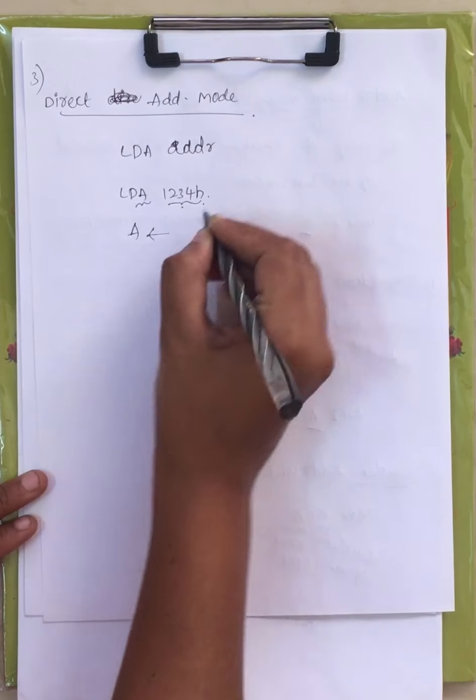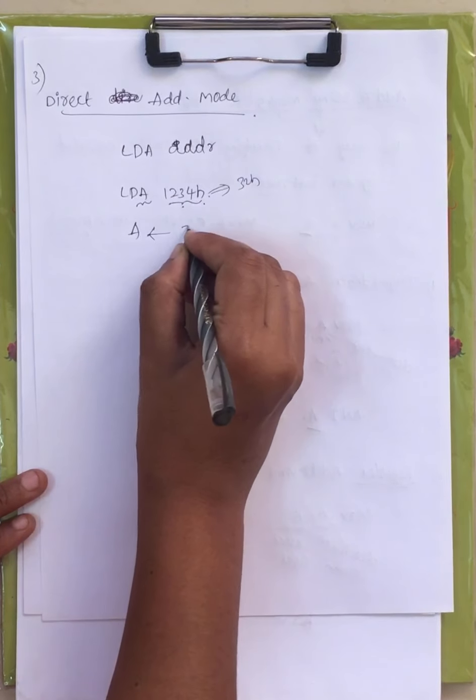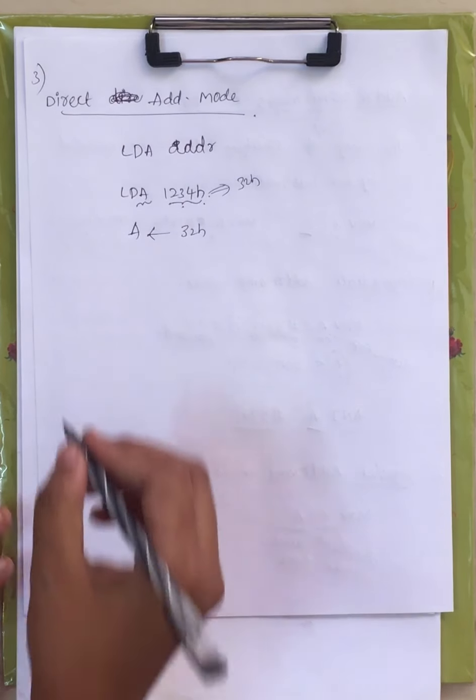The memory location will store some data. Let us assume it is storing 32H. That 32H is moved to the accumulator. If you see this, the source operand is a memory location. In any given instruction, if the source operand is a memory location, that set of instructions falls under the category of direct addressing mode.